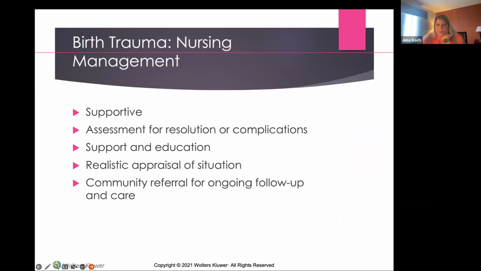Always offering support to the family, doing your assessments, seeing if anything is resolving or if there are further complications, a realistic appraisal of the situation, and community referral for ongoing follow-up and care if needed, depending on the type of trauma. For any type of clavicle fracture, there's not really a lot that can be done.